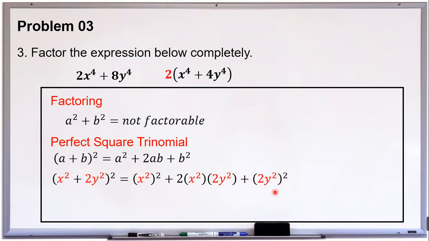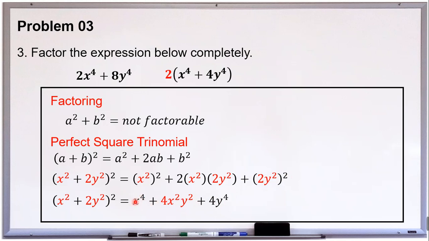Now, we're going to simplify this one further using the laws of exponents. x squared raised to the power of 2 will now become x to the fourth. And for this one, combine the coefficients. So you have 2 times 2, and that is 4. And then copy the x squared and y squared. And for the last term, simply distribute the 2 here. So you have 2 squared, and that's 4. And then y squared raised to 2 is equal to y to the fourth.